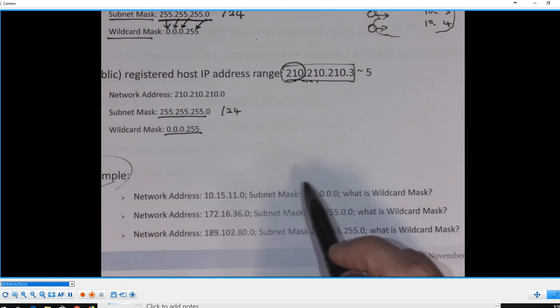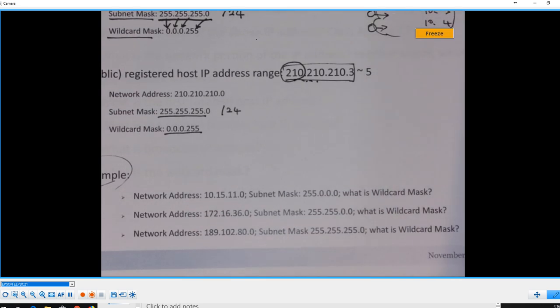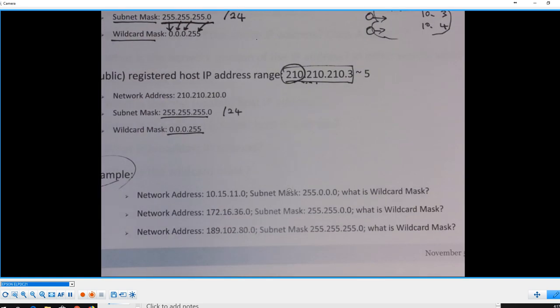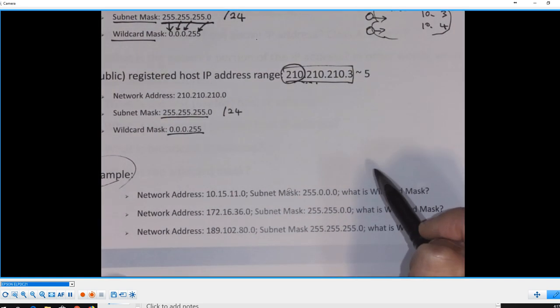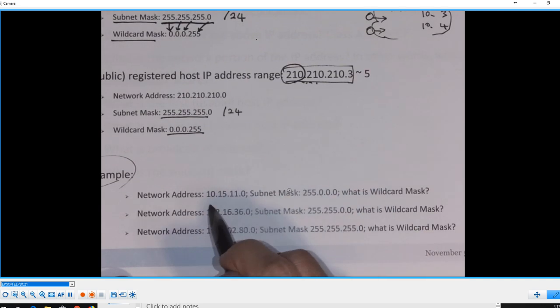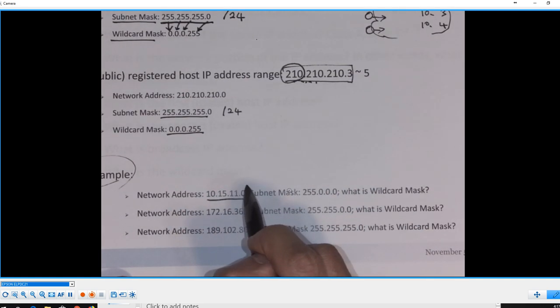Another example. Okay, so we have this given IP address.